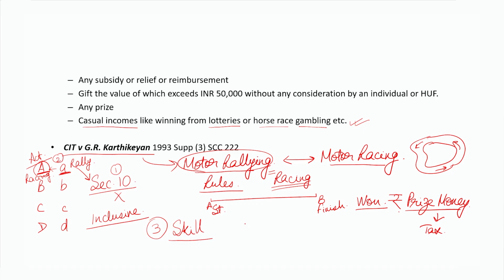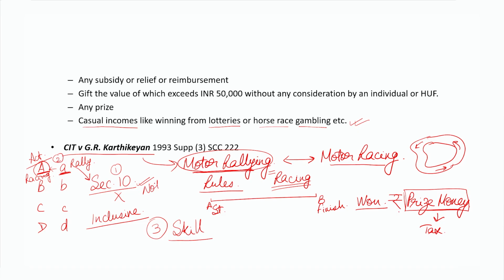So over here, the court said that we are going to tax this amount of prize money which Mr. Karthikeyan had won, irrespective of whether or not this concept of motor rallying was expressly included in the definition of income, right? So the reasons were, one, that it did not fall within the exception, right?